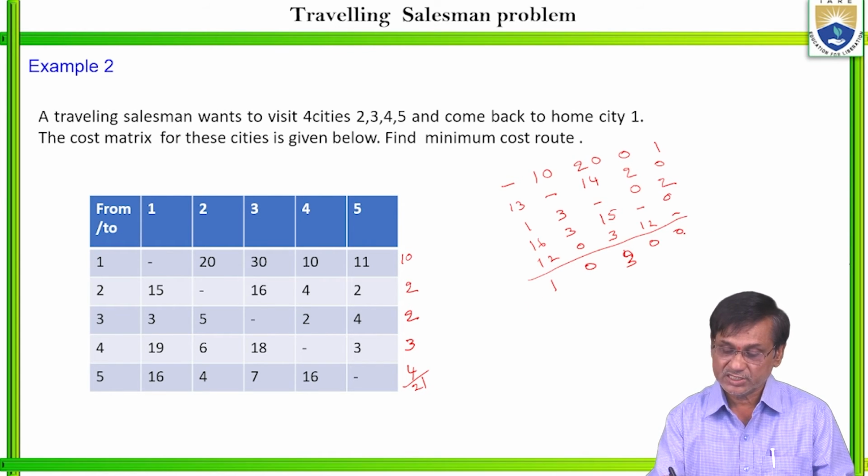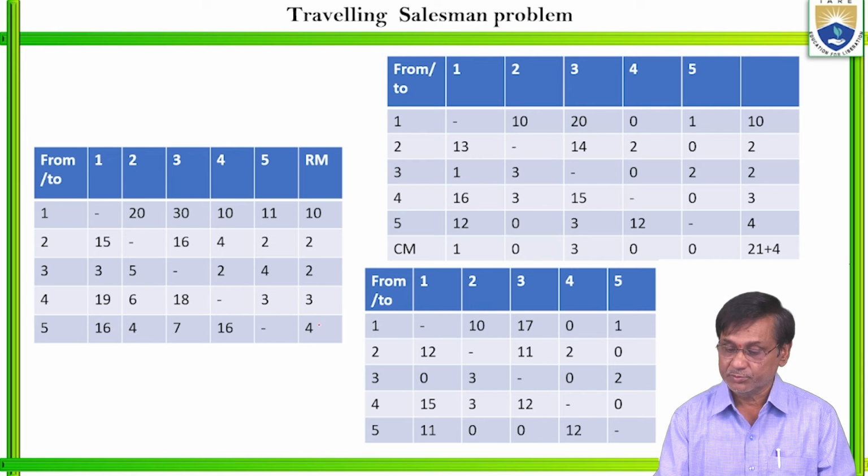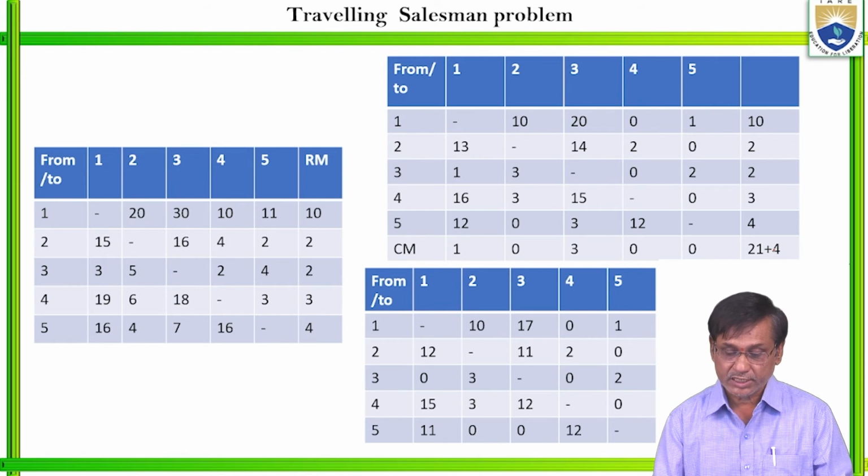So only 4 is possible for the columns. So by using this, you can find out the reduction in the column. So the reduction in the column is 4. After reducing that, you are getting this matrix.